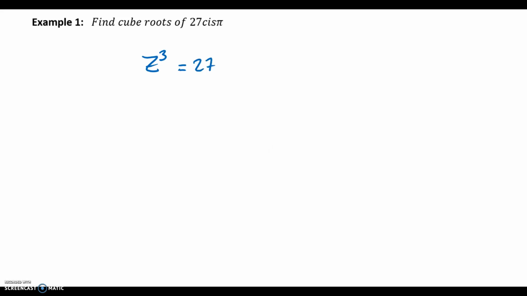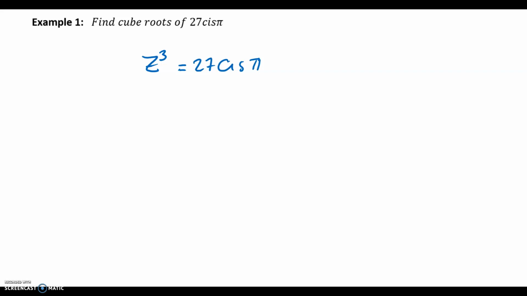So now we're going to be applying what we've just looked at to solve this, finding cube roots of 27 cis pi. So let's just write out the equation for this. Cube roots, so z to the power of 3 is equal to 27 cis pi. Because we are applying De Moivre's theorem, we like to have the right-hand side in polar form, but this is already in polar form, so it makes it easier for us.